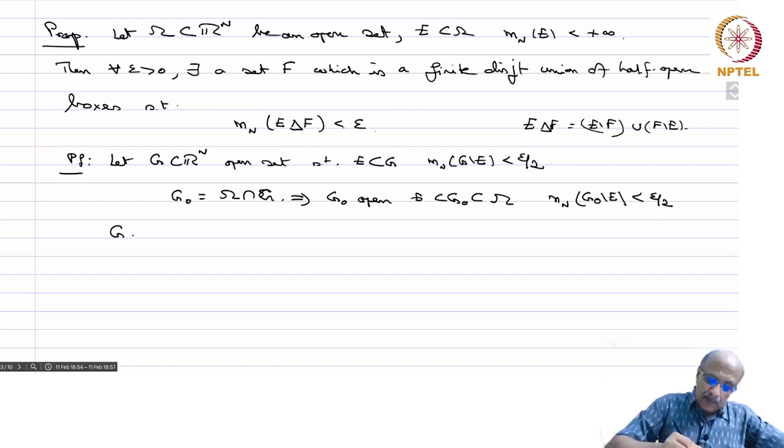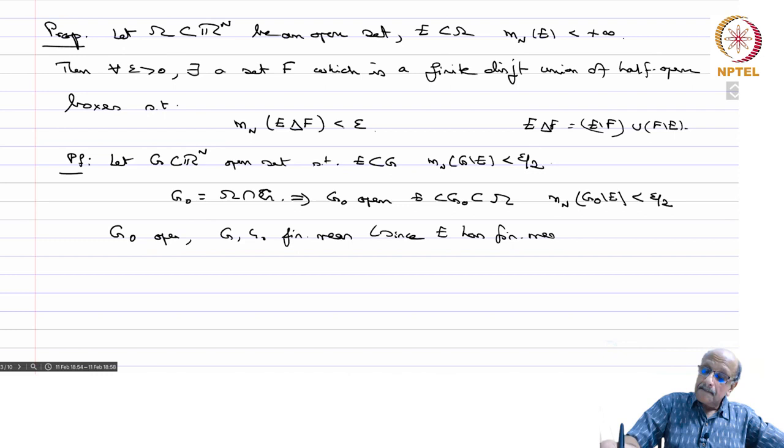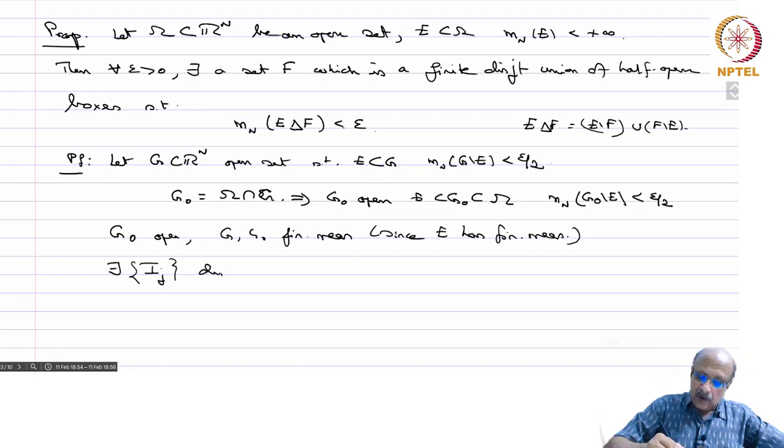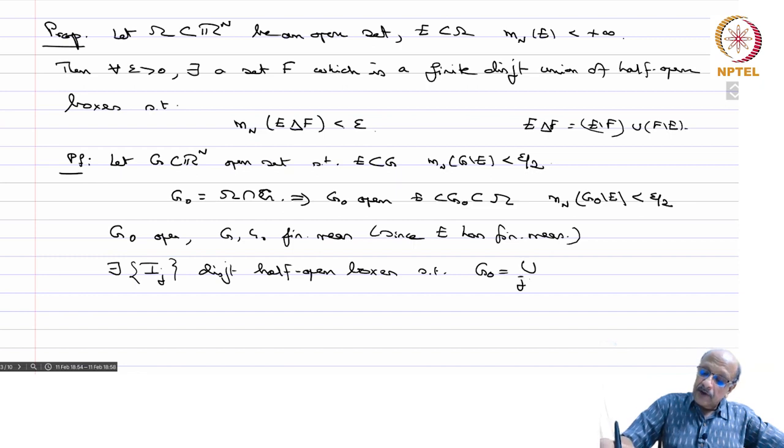Now G0 is open, then G, G0 all have finite measure since E has finite measure. So there exist Ij disjoint half open boxes such that G0 equals union j equals 1 to infinity Ij.